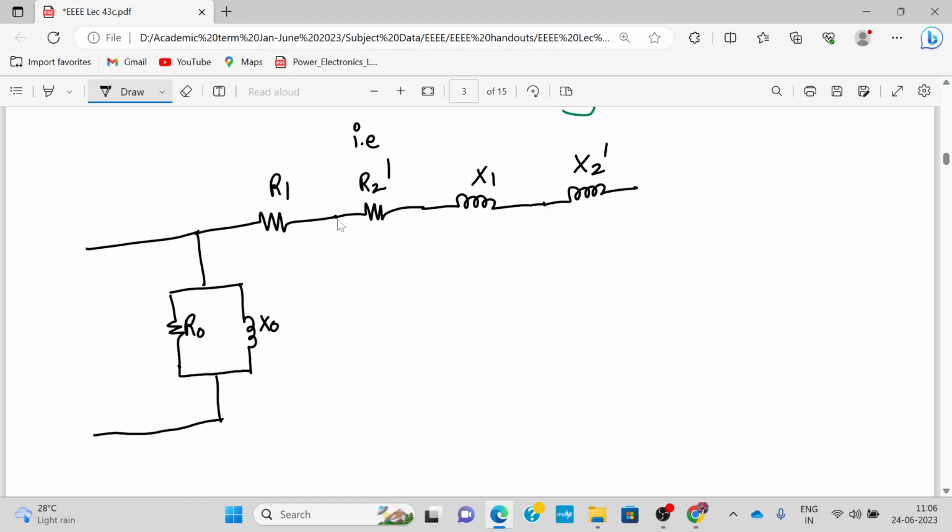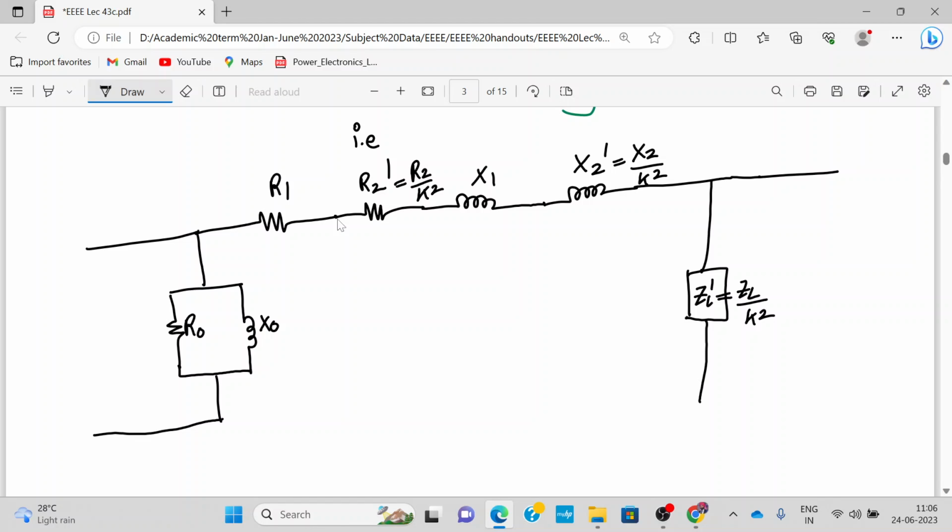R2 dash is basically R2 divided by K square. X2 dash is X2 divided by K square. Alright, and we can connect a load over here, ZL dash, which is given by ZL by K square. We are just shifting the parameters, that's it. Everything else remains the same.